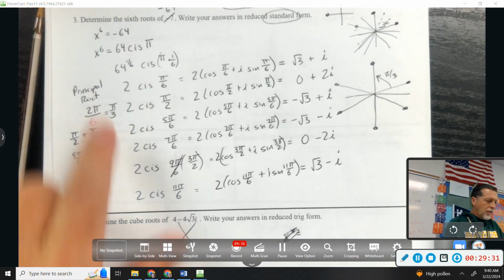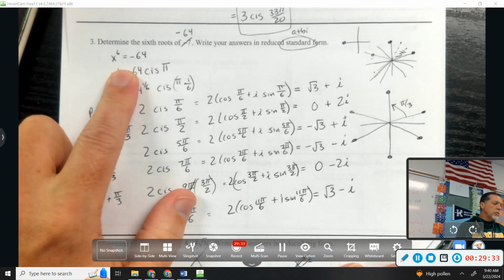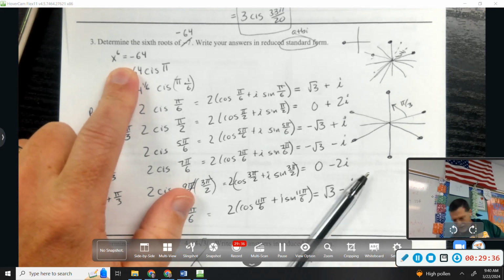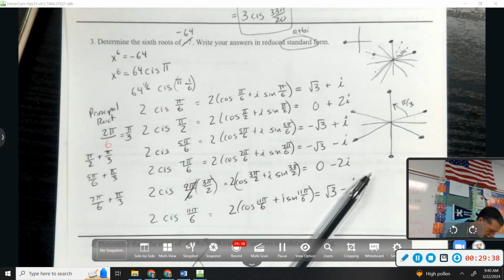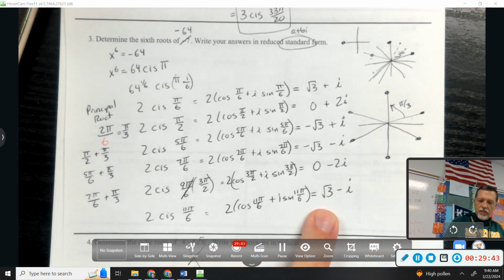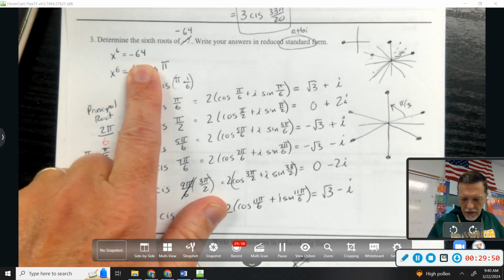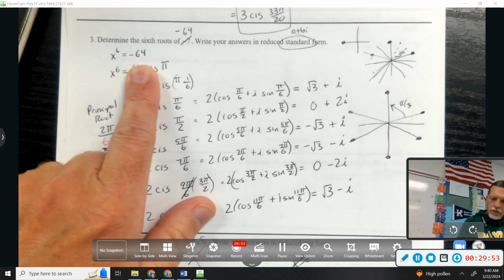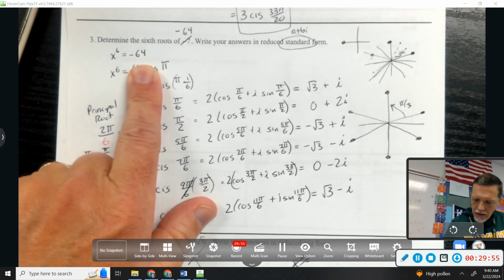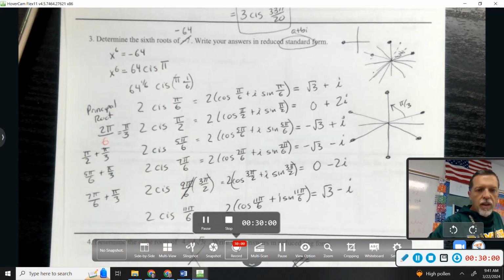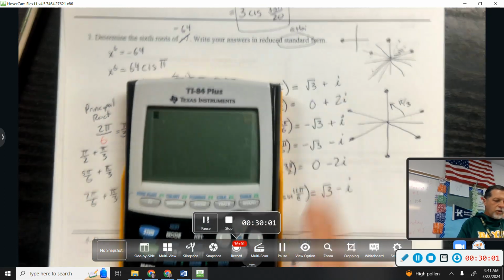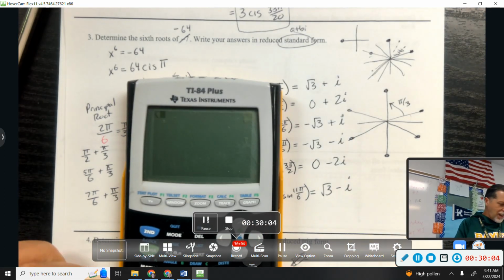That means, way back at the beginning, we said what number could we raise to the 6th and get negative 64? Let's see if I got a calculator up here. That means I should be able to raise any of those to the 6th and get negative 64. Your calculator will do it if you're in the right mode.